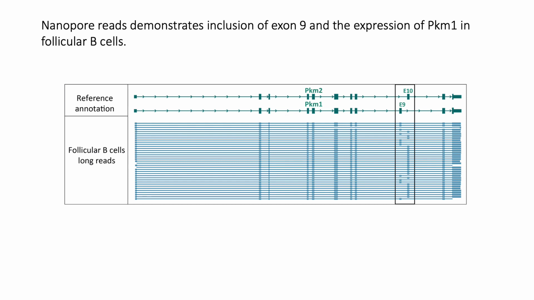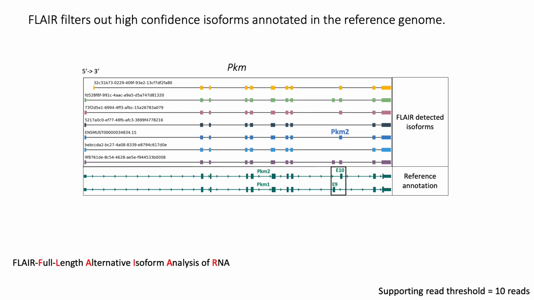Next, we performed an isoform detection analysis with a widely used isoform detection tool, FLAIR, to quantitate and identify the high confidence isoforms. We used the default stringency of 10 supporting reads per isoform.